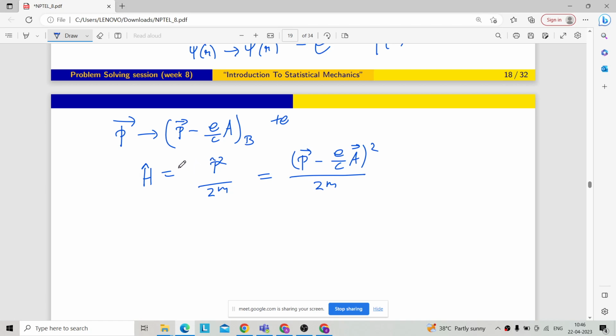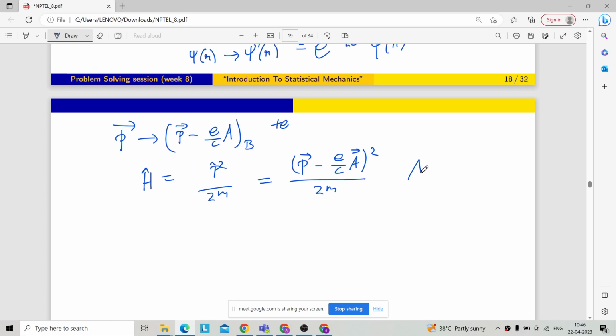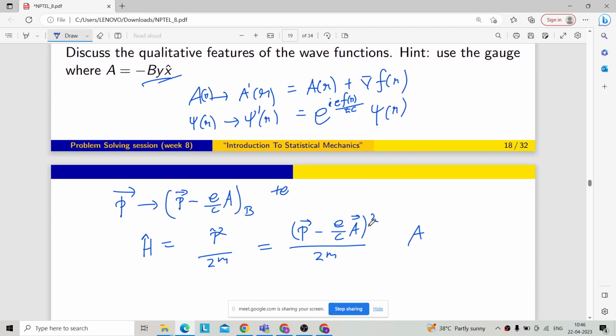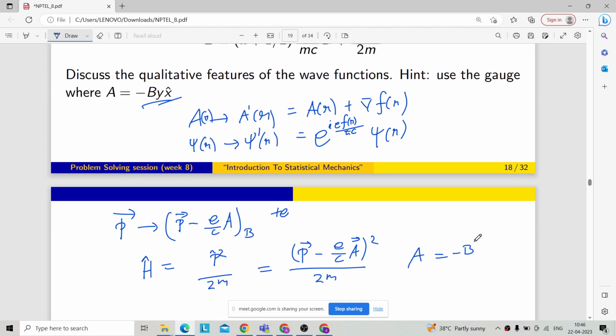Now it is given A is in x direction, so A is minus B y x cap, right?